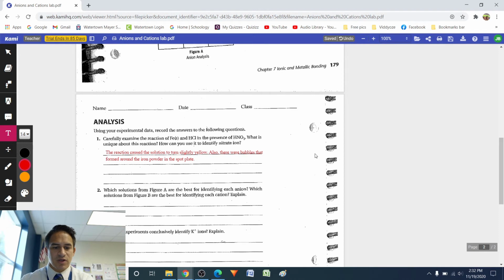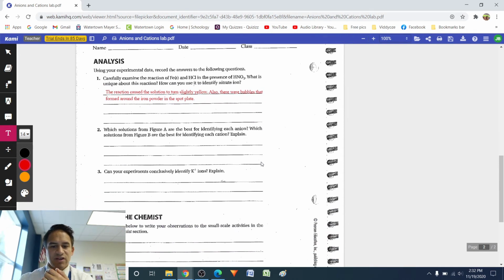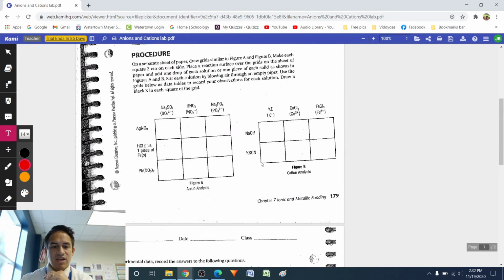So, all right, number 2, which solutions from figure A are the best for identifying each anion? Which solutions from figure B are the best for identifying each cation? And explain. So basically what this question is asking is, in figure A, or part A of the lab, the anions that we had are these ones. So we have SO4 2-, we have NO3-, and we have PO4 3-.